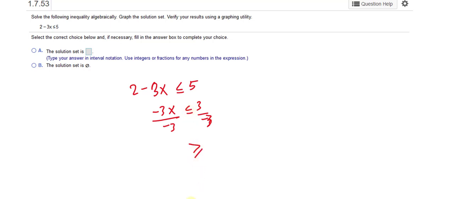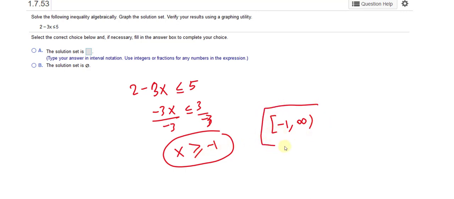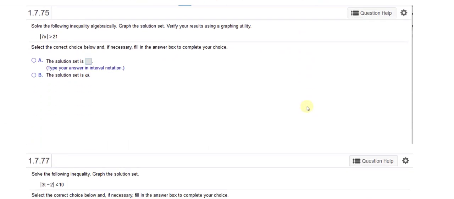That becomes bigger than or equal to. And 3 divided by minus 3 gives me minus 1. And to write this one in the interval notation, we know that minus 1 is the lower bound. Anything bigger than that goes up to the right. And we have the equal sign, so use the bracket.